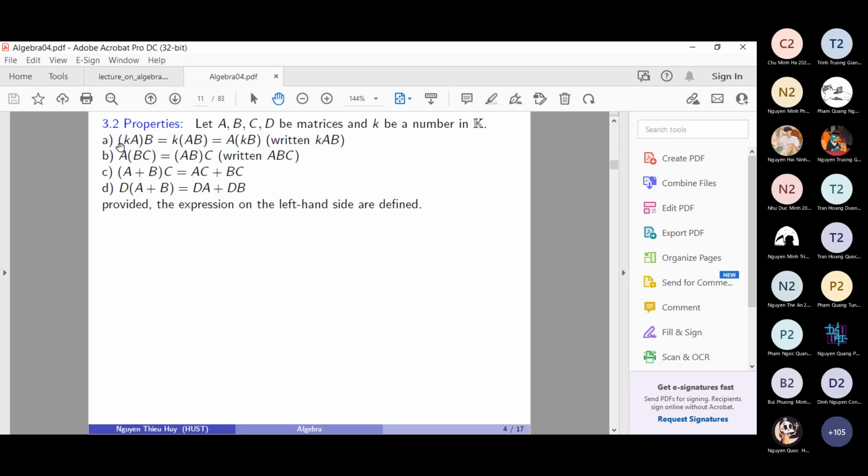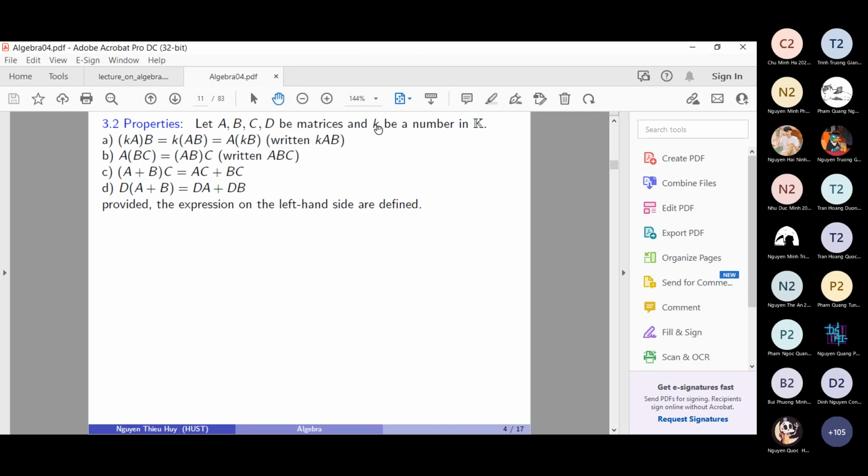So then, when you multiply K with D, you can put brackets anywhere. So we can put K here and brackets AB, and actually you can put K in any place. KB. What does it mean?